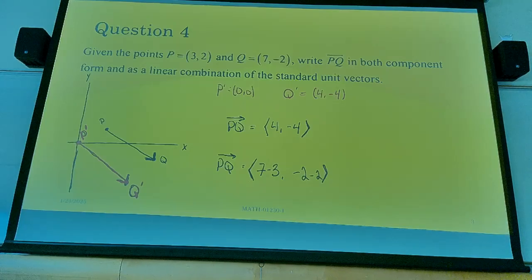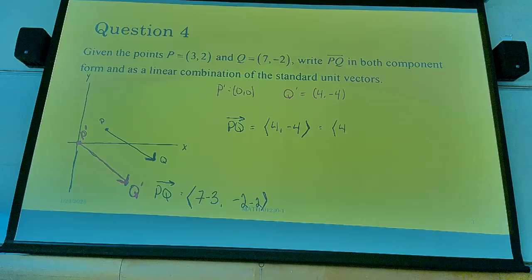In terms of the standard unit vectors, algebraically, this is what's going to happen. We're using the properties of vectors to write it as a sum of 2 vectors first, then use scalar multiplication.